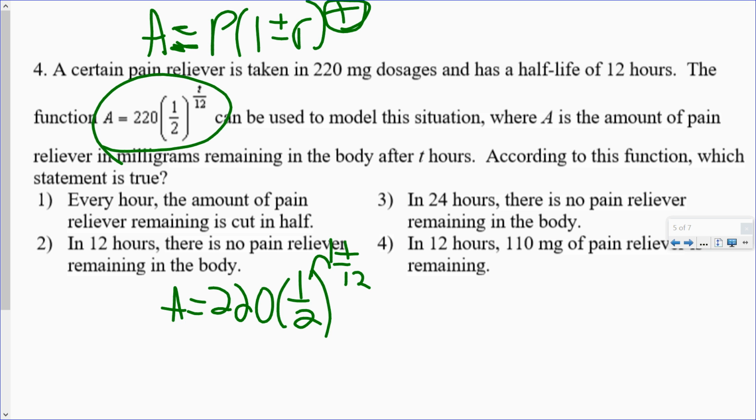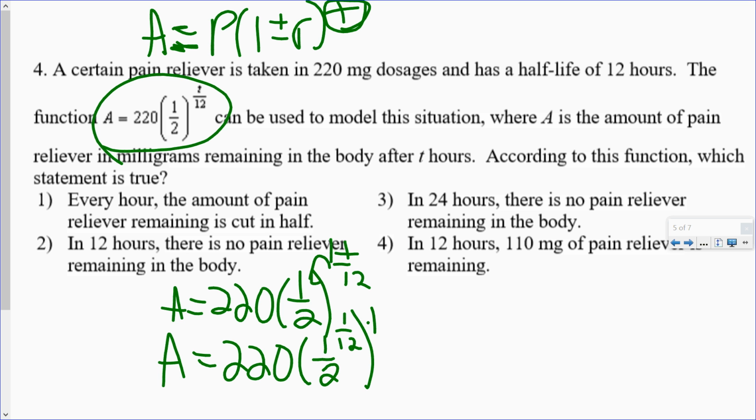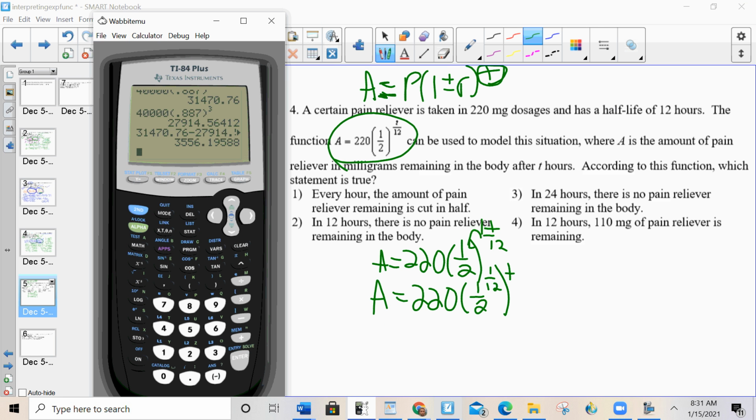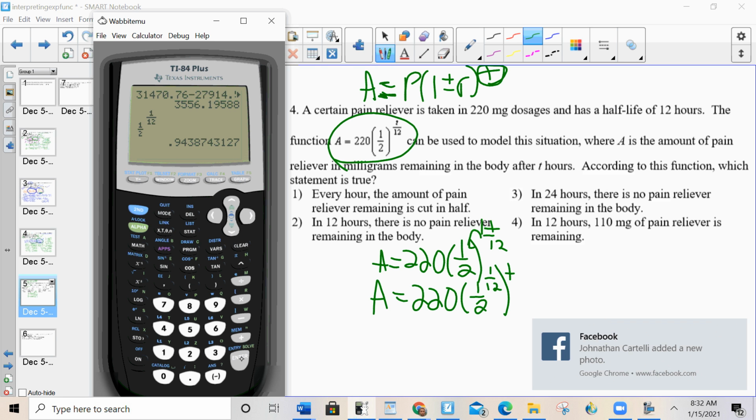So I'm going to do 1/2 to the power of 1/12. And I get 0.94387. Let's just write that all out. 0.94387 to the power of t.